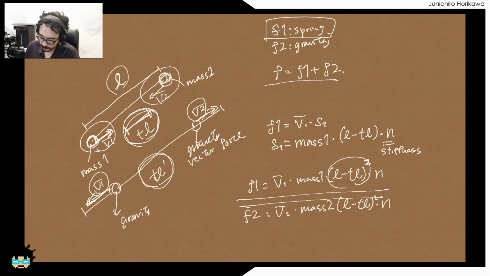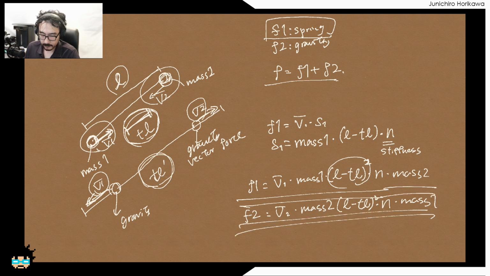And probably I should multiply mass 1 and mass 2 at the same time for V1 and V2, so I should multiply mass 2 here and mass 1 here as well, so that at both points you have the same moving scale, the same force strength. We could try to see the difference later. That's pretty much it for a spring force. Let's try to implement it in Houdini with VEX.